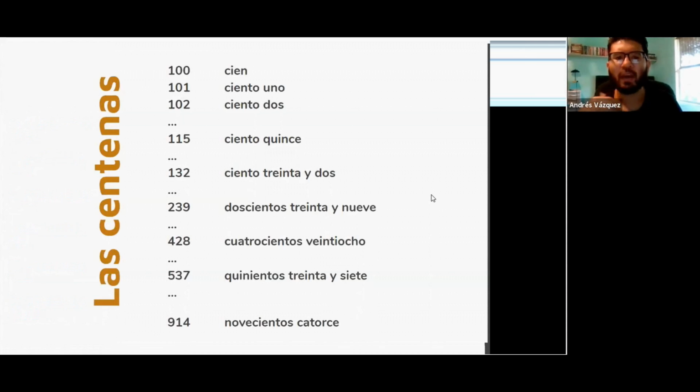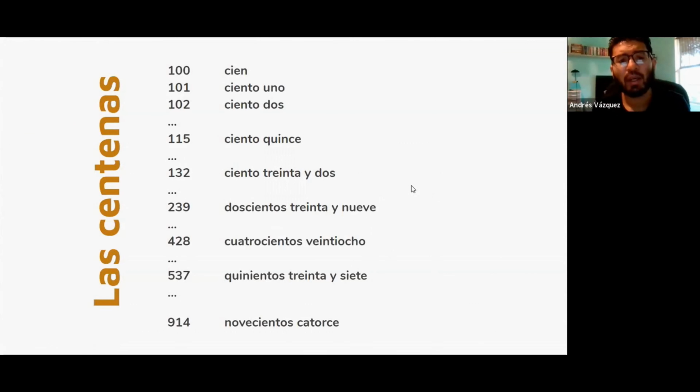But what happens after that? No, we have 100. We know 100 is 100. 101, 101, 102 will be 102. So again, like in English, we also see a similar pattern in where we repeat ciento as 100, and then we have the name of the single digit, 101, 102. 115, 115.